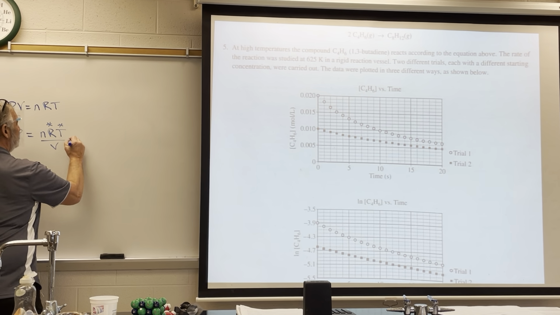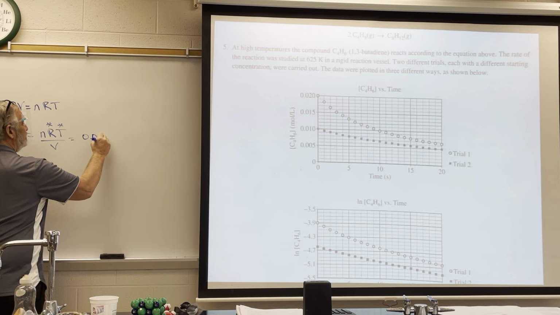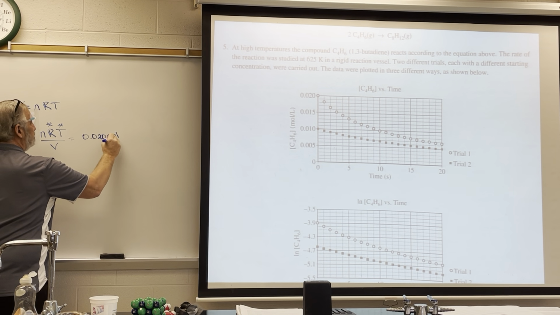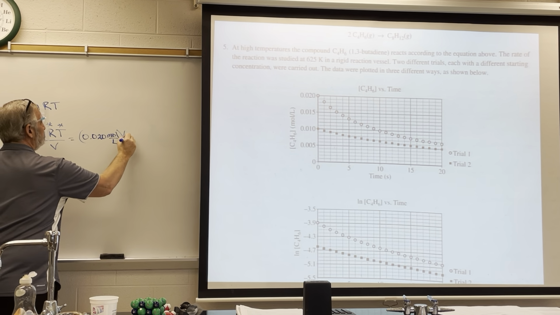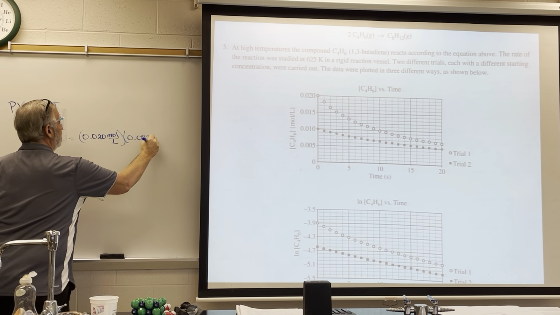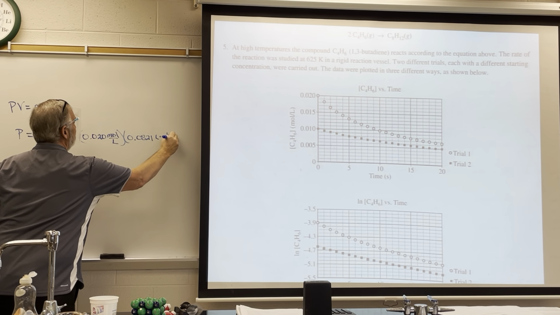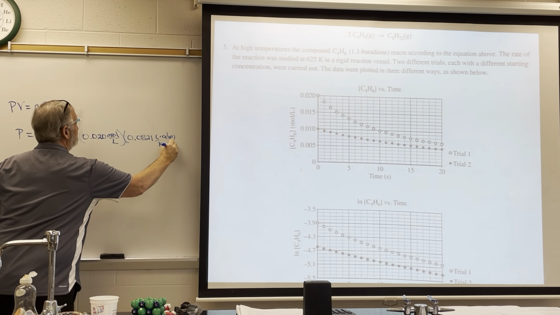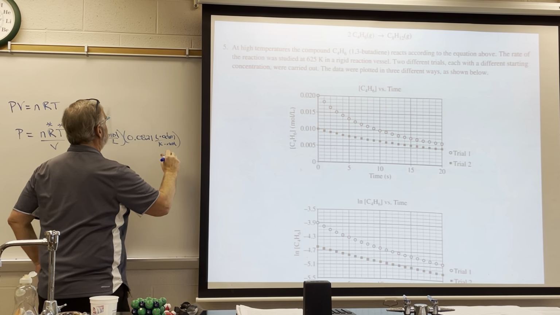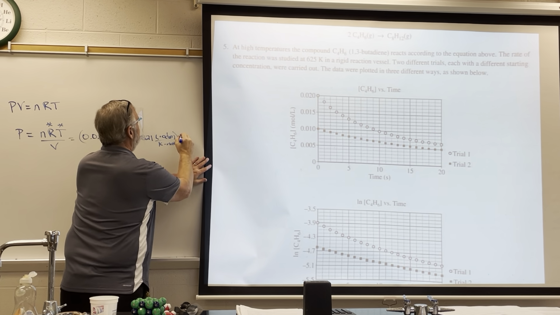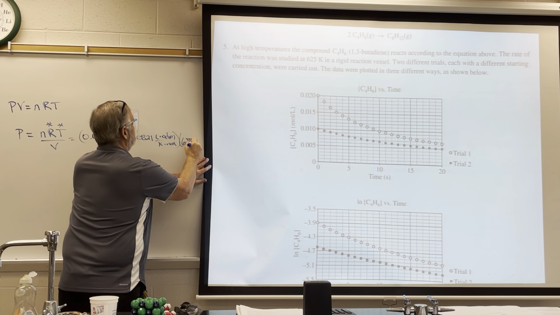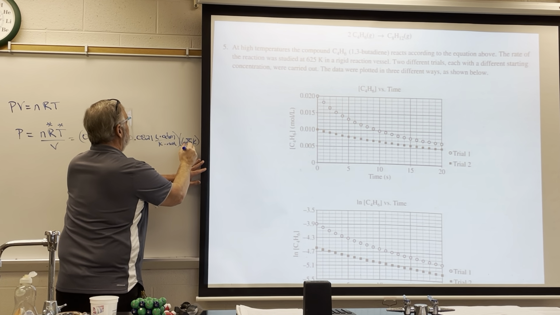So it's going to equal 0.02 moles per liter times 0.0821 liter atmosphere per Kelvin mole, times 625 K, plus 273. Okay?